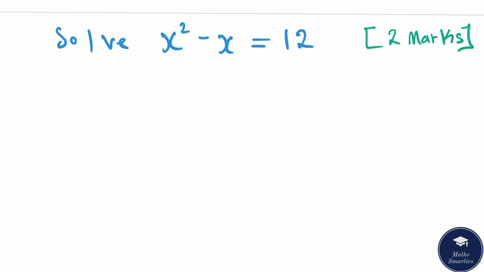Next, solve x squared minus x equals 12. Okay, so we know that quadratic equations equal 0. That's the standard. Now we have 12. So how is that possible? What do we need to do? How to get rid of the 12 and make it to the other side?